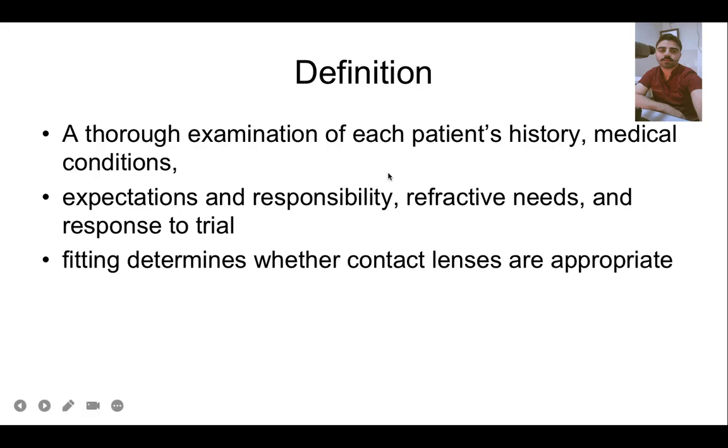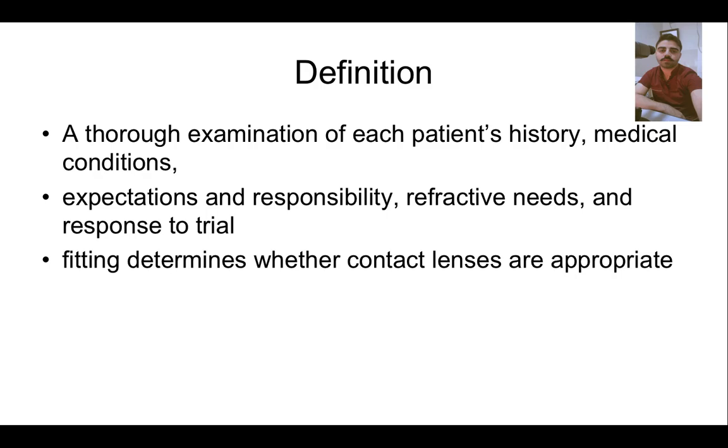So a thorough examination of each patient's history is needed: why the patient wants a contact lens, and what his previous background is, either he was already using a contact lens or any other optical aid.